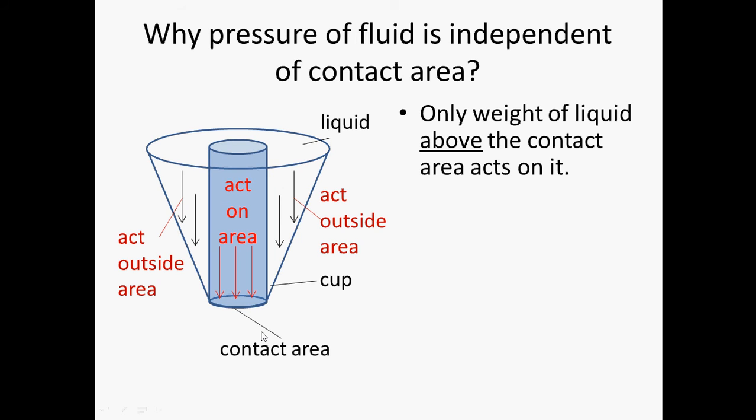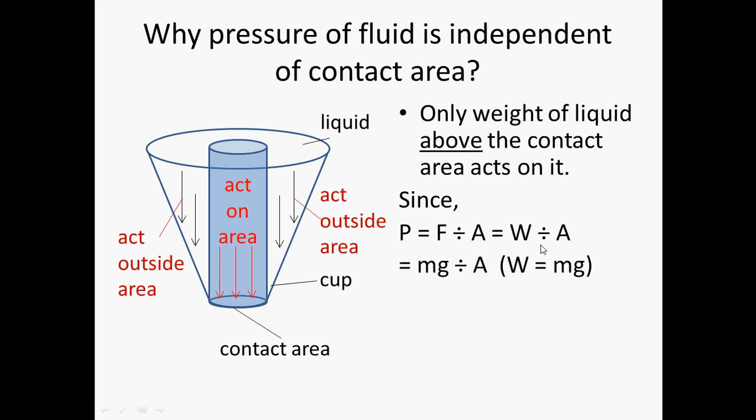Okay, so the most important thing is only the weight of the liquid above the contact area acts on it, and in this case, because the region is a cylindrical shape, we draw this shape because the contact area is also cylindrical. So since pressure is equal to force divided by area, we can also say that it is equal to weight divided by area, because the force exerted by this column of liquid is its weight.